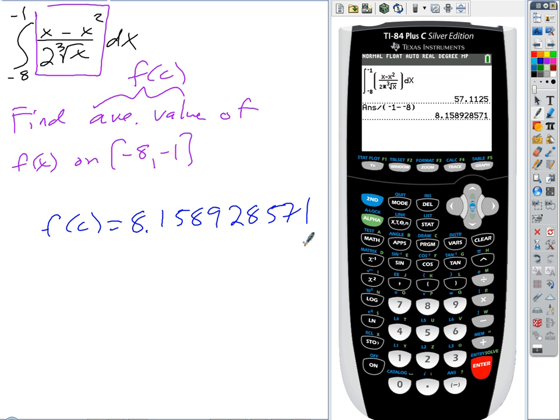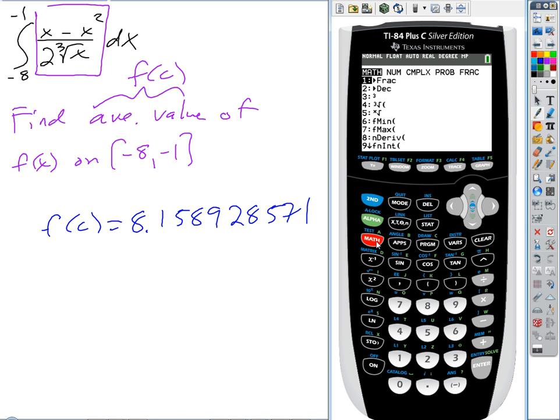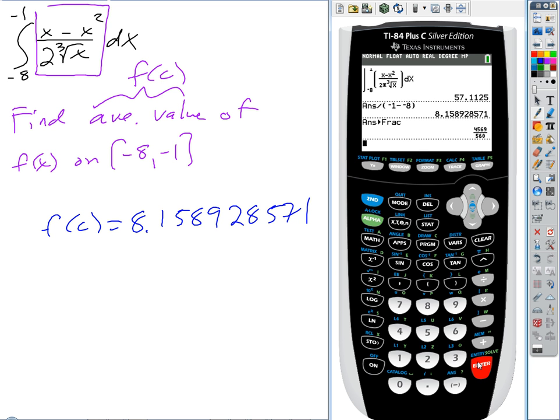Okay, so it does work out to be an exact fraction. So f of c is equal to exactly 4569560 divided by 560. And that's probably the exact answer.